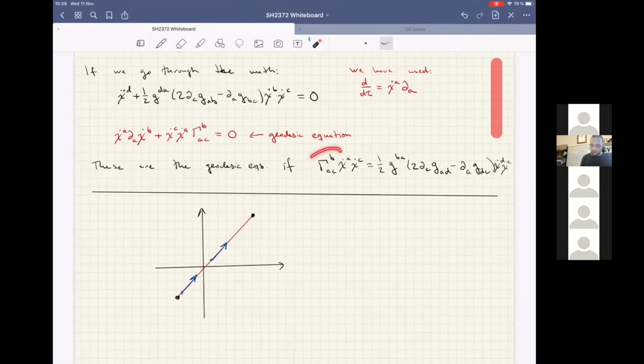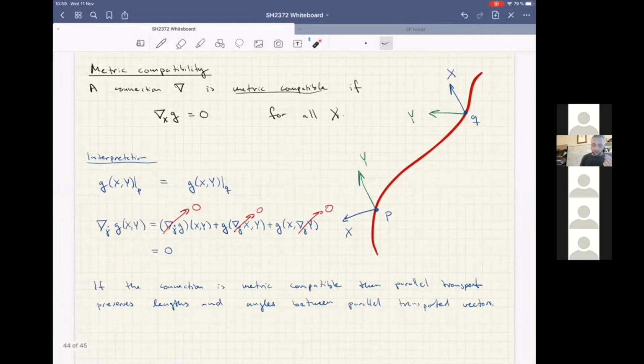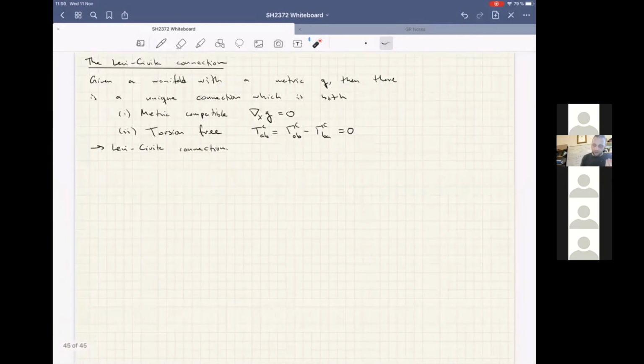So we could get the symmetric part of the connection coefficients out of this. We can just identify them here with the right-hand side. But now we also have that for the Levi-Civita connection, the anti-symmetric part should be 0. And if I know both the symmetric part and the anti-symmetric part, I know everything about it. So this means that I can get out the connection coefficients of the Levi-Civita connection.